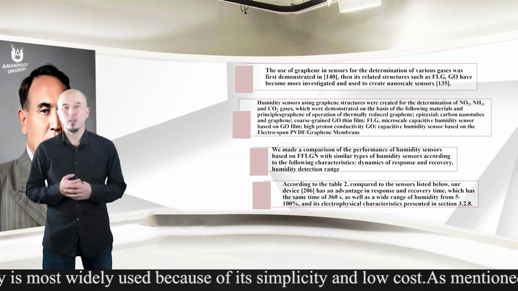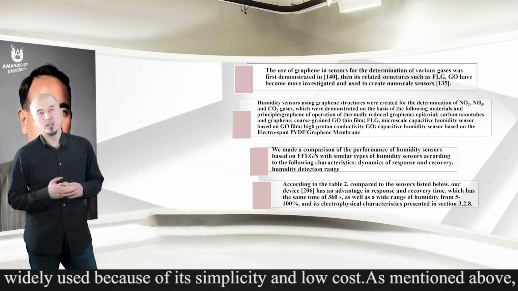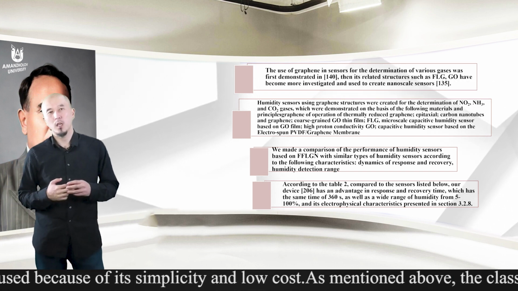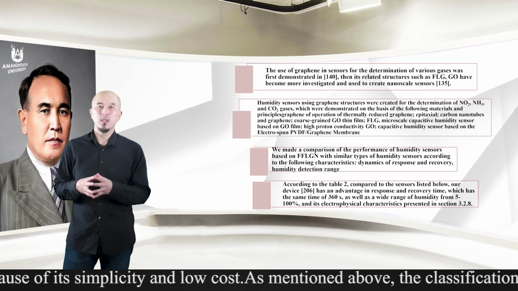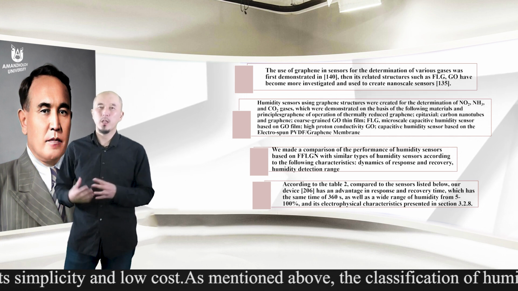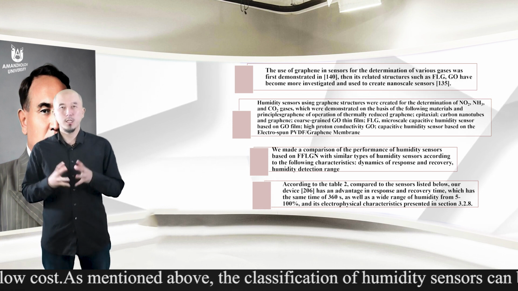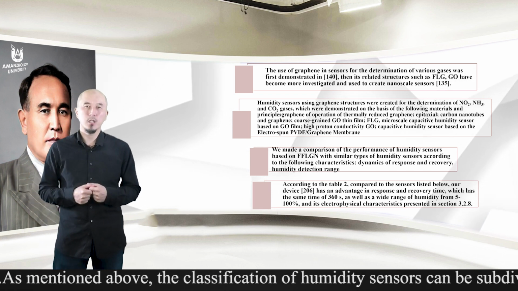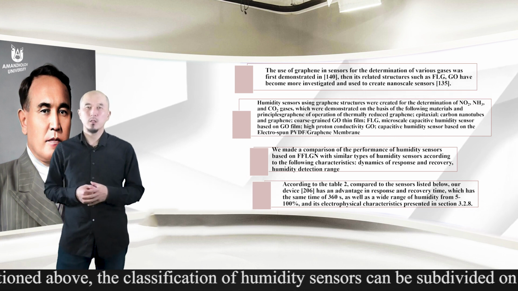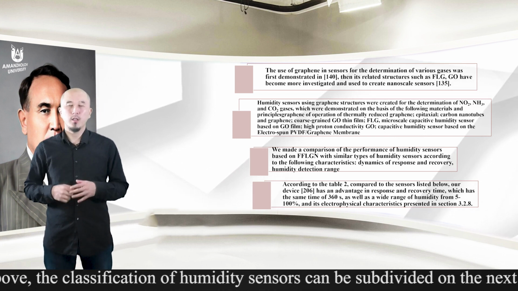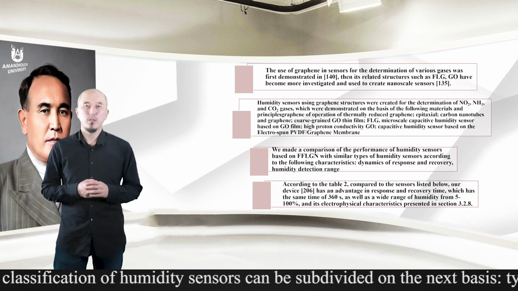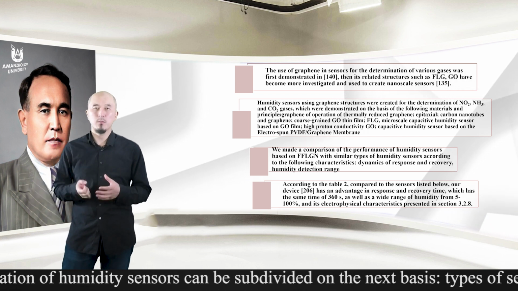FFLGN is an important precursor for the large-scale production of graphene, which is implemented using chemical or thermal reduction processes. There are four main methods of synthesis of FFLGN: Staudenmaier, Hofmann, Hummers, and Tour, but the most effective is the Hummers method.